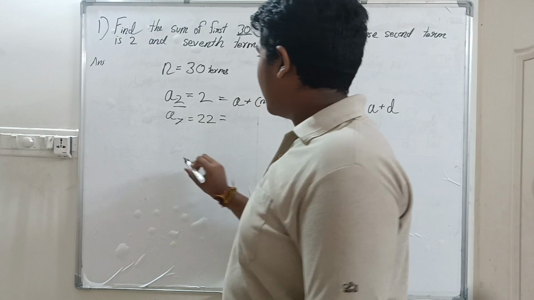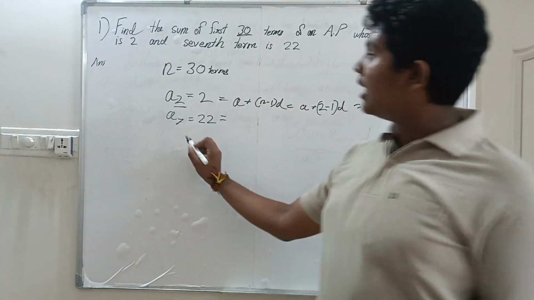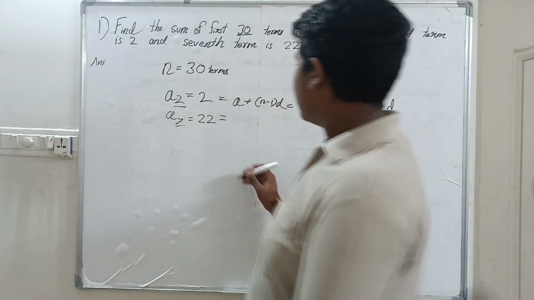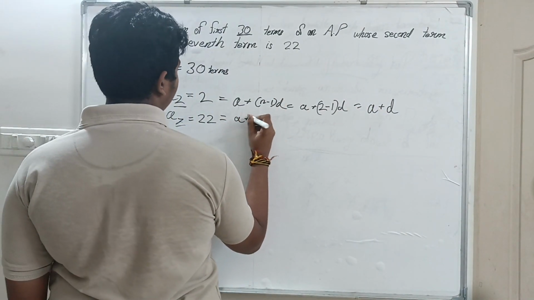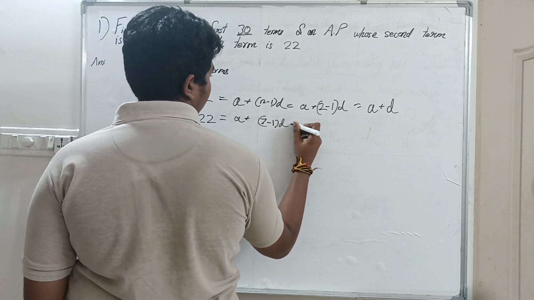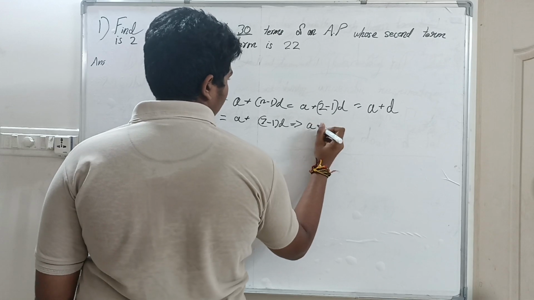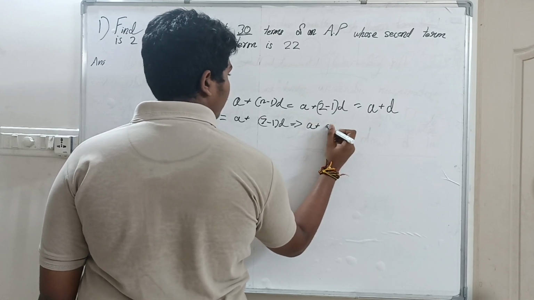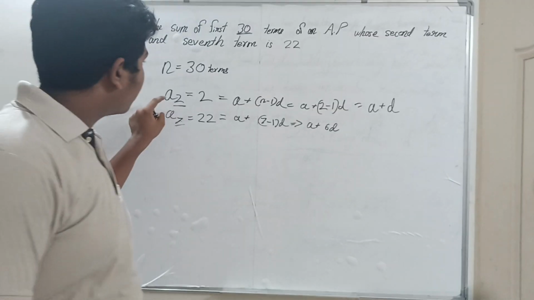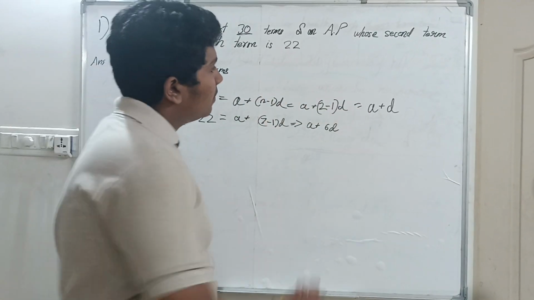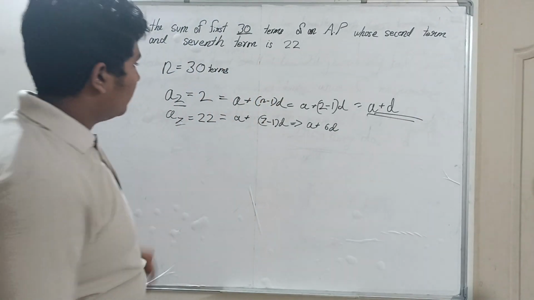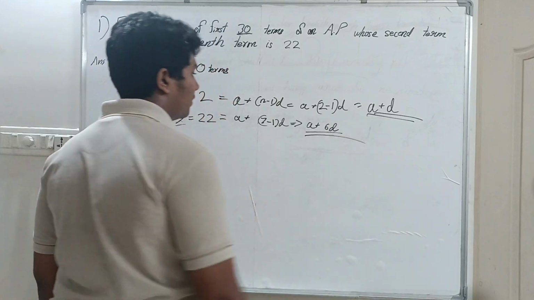Now next, a7. Here the term is 7, so it will be a plus 7 minus 1 whole d, which will be a plus 6d, right? So a2 is a plus d and a7 is a plus 6d.